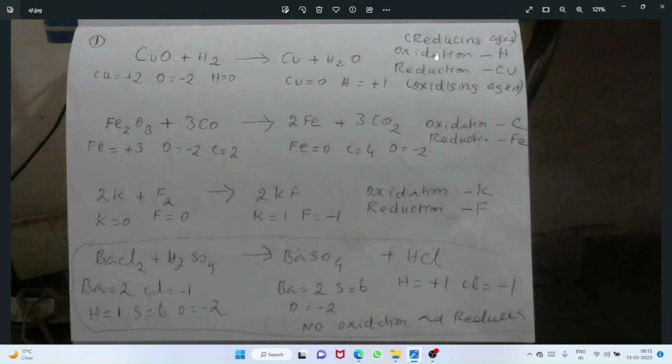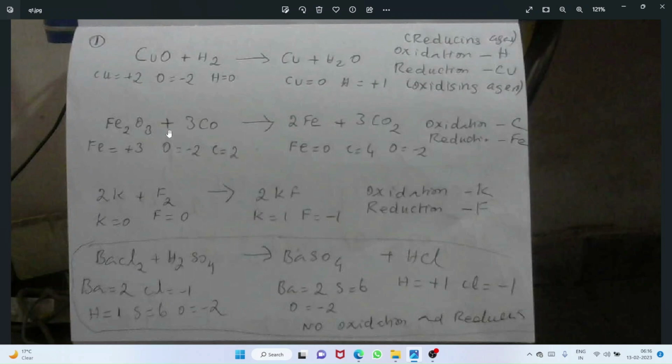Here hydrogen is undergoing oxidation because its oxidation number is increased from 0 to positive 1. Then copper is undergoing reduction. So oxidation and reduction take place in this reaction. Oxidation of hydrogen, the hydrogen is a reducing agent. Similarly, reduction of copper, copper is the oxidizing agent.